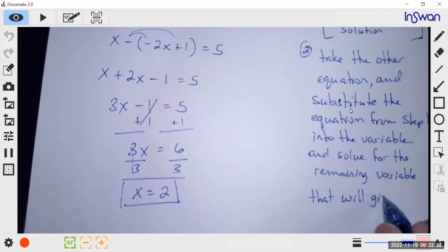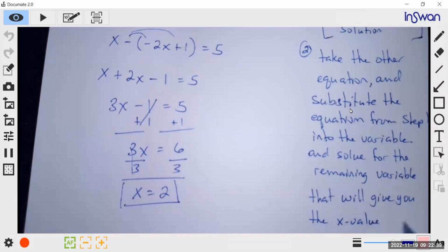That will give you the x value of the answer, of the solution.